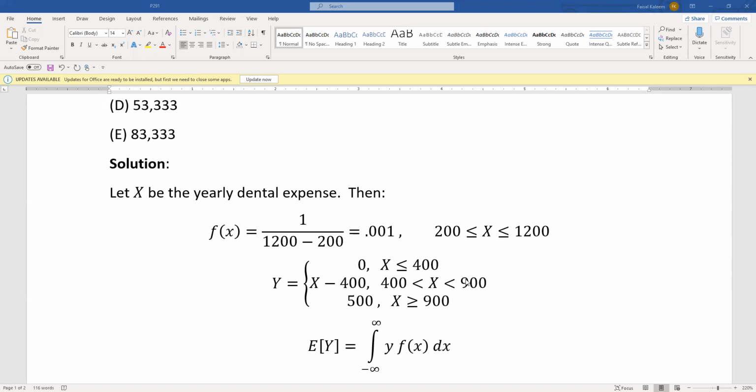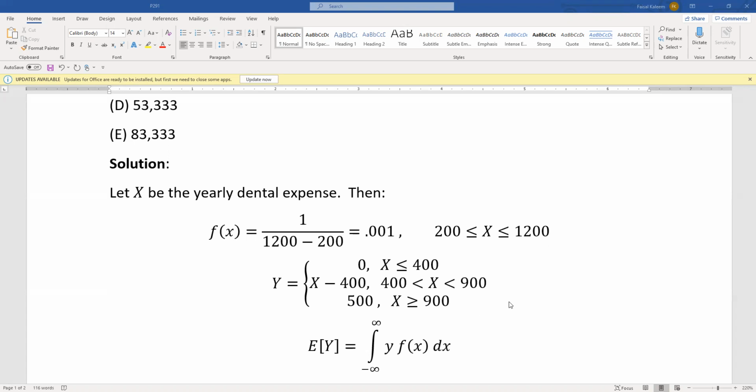That's why the x minus 400 expression applies only as long as x is between 400 and 900; you could include the equality at 900, it doesn't matter. But once x gets past 900, say 901, then 901 minus 400 is 501, and this plan is not going to pay 501 because it stops at 500. So anything after 900, the maximum benefit you get from this secondary insurance is 500.